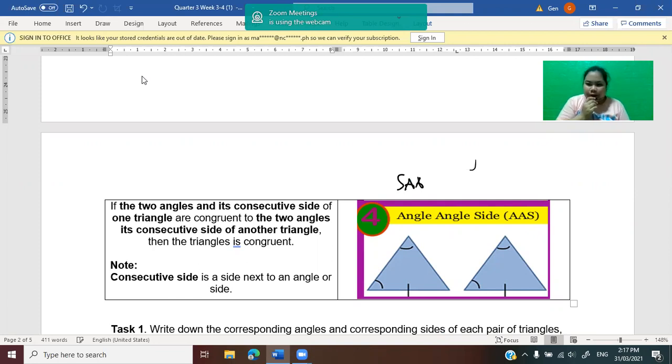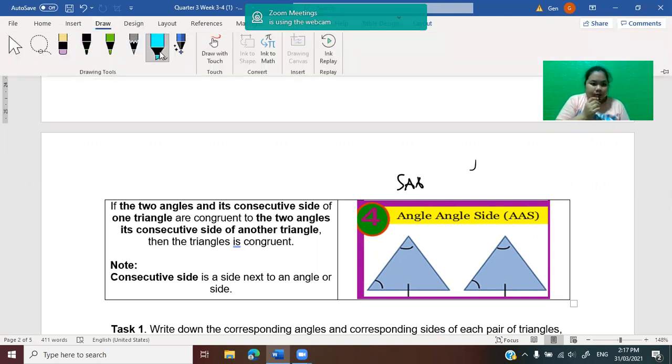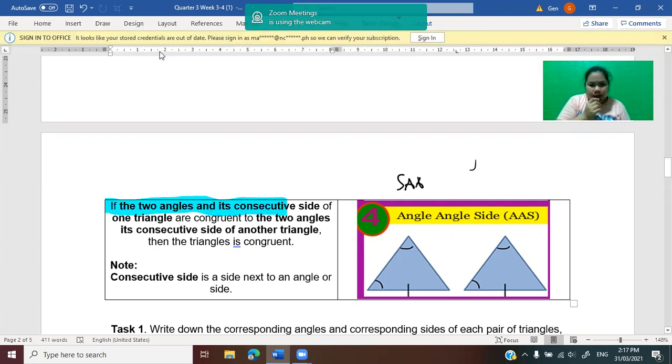SAA or AAS, pareho lang yan. Okay, so what can we say about this theorem? So AAS congruence theorem states that if the two angles and its consecutive side of one triangle are congruent to the two angles and its consecutive side of another triangle, then the triangles are congruent.